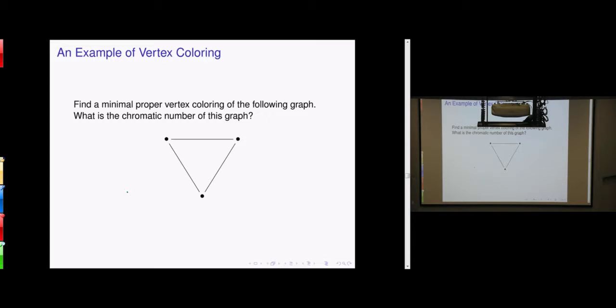Then these two cannot be colored 1, so I need at least 2 colors. I color one of them 2. Now I cannot color the bottom one 2 also, because it is connected to this one, so I have to use a third color. So I need 3 colors to color this triangle.